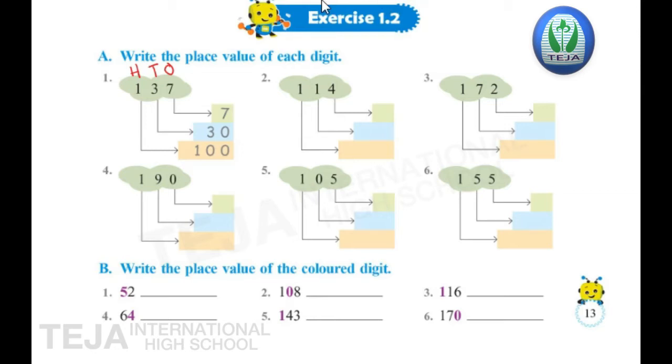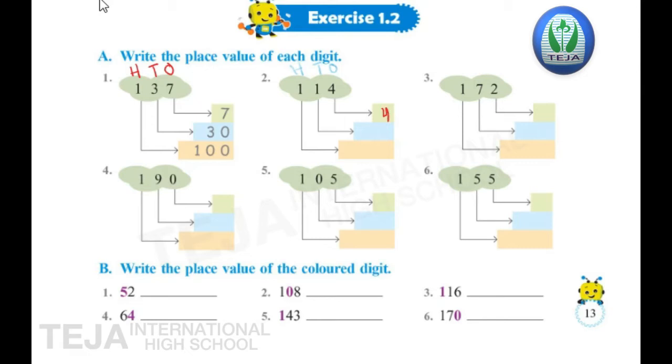See, the second question is 114. Here 4 is in ones place and 1 is in tens place and this first one is in hundreds place. So the value of 4 is as it is in ones place.